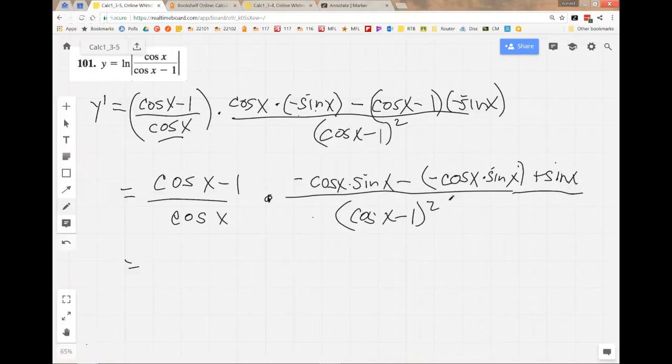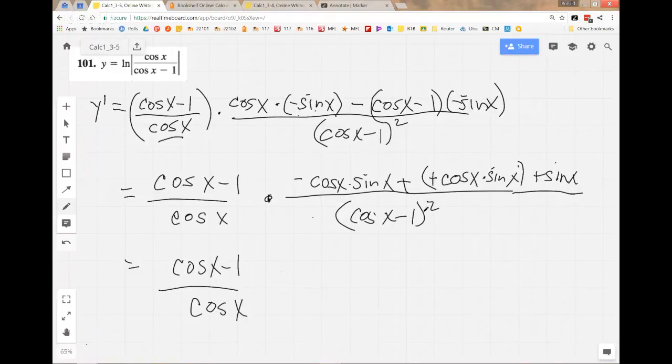Okay. So now, what happens? Well, this right here is going to be plus because minus a negative is plus. And minus cosine sine plus cosine sine is 0. But you still have left on the top the sine of x. Cosine x minus 1, cosine x.